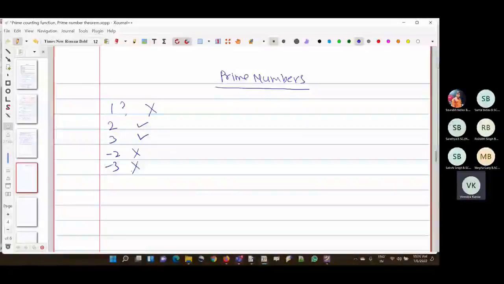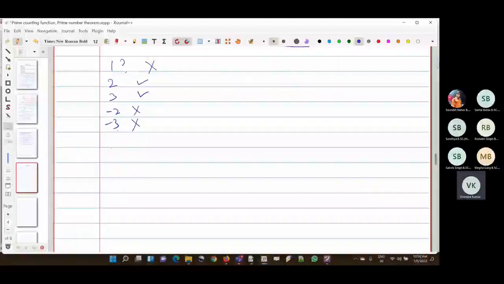They are not prime. Negative numbers are never prime. Okay. So the official definition, if you look at it, you will see that in the definition itself they take that the number should be greater than 1. So this is naturally going to be a positive integer.